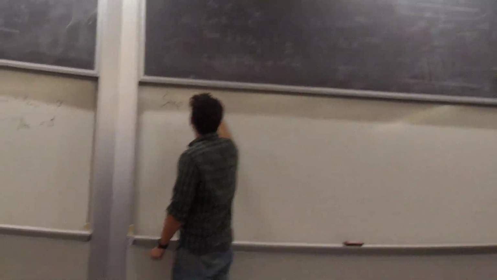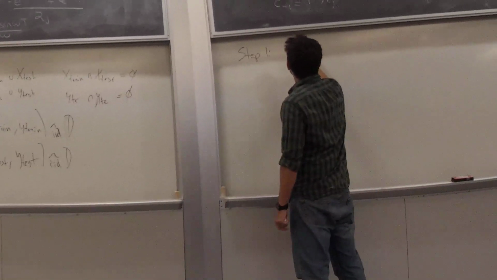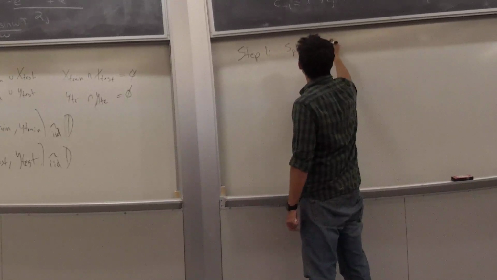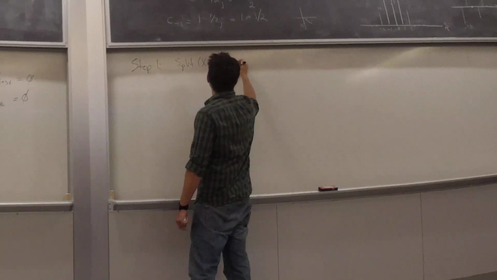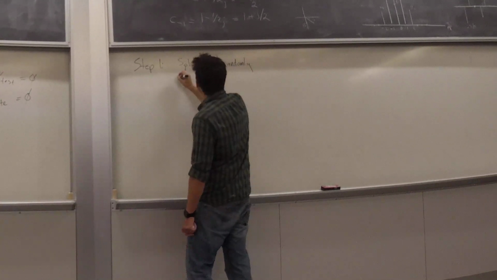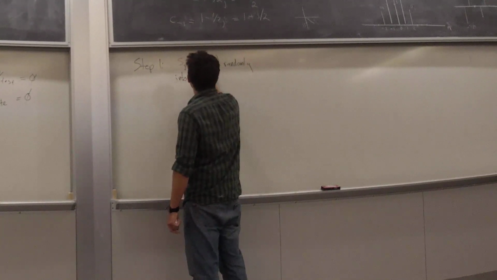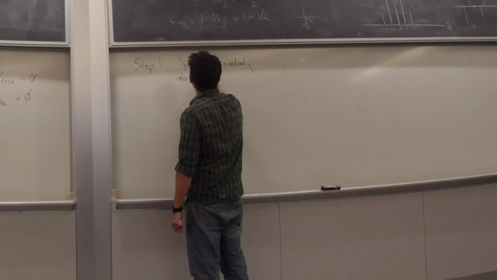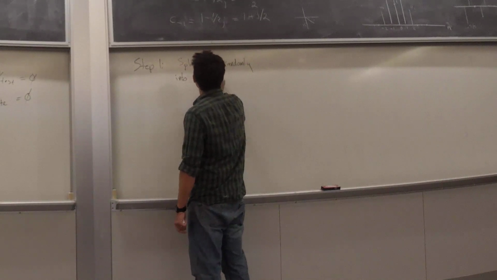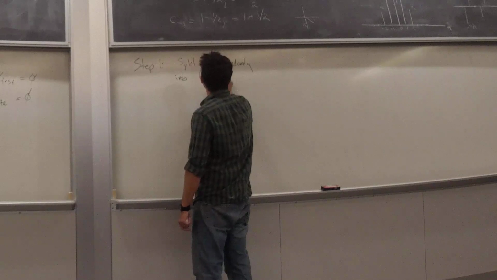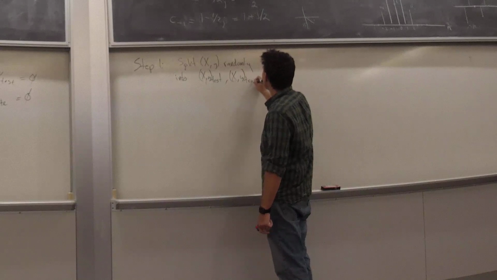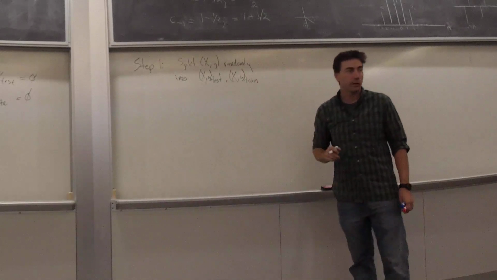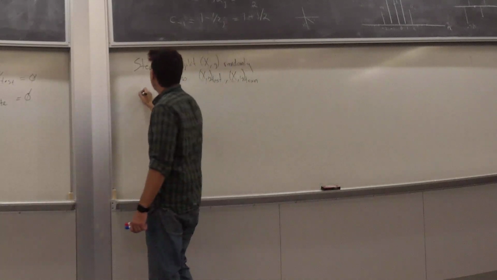So step one, I'm going to split x, y randomly into the xy test and xy train. Okay?